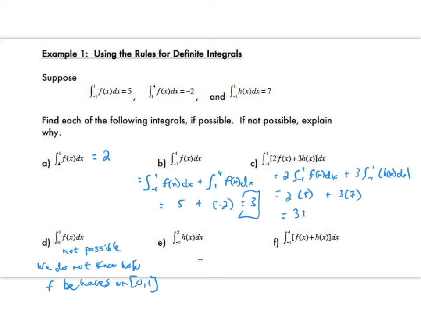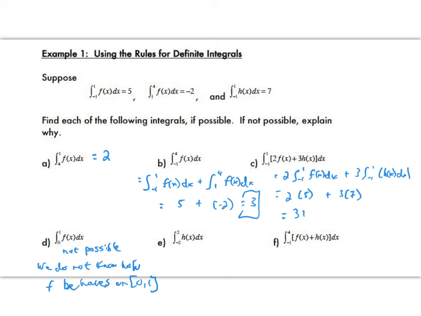All right, let's go on to part E here. It talks about this idea of the integral from -2 to 2 of h of x. Now, once again, we know from -1 to 1, so you can't just double, because if you did, you would be running into the same scenario that we were talking about.